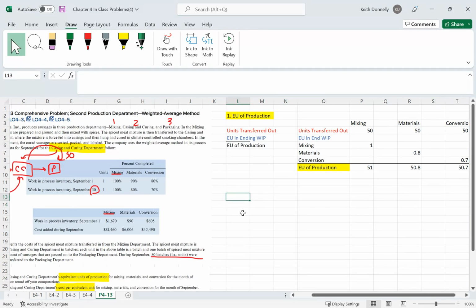Okay, so for 2, we want the cost per equivalent unit. And we've looked at this before. This is going to be basically your total cost, or the cost of your beginning WIP, plus your costs added during the period, divided by your equivalent units of production.